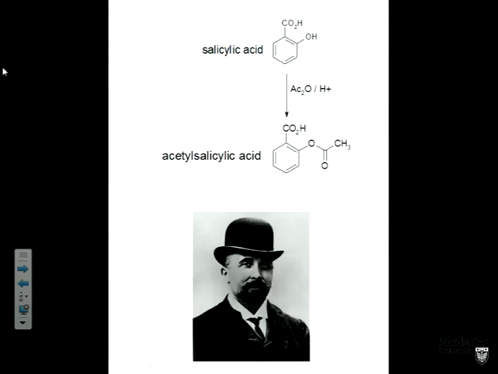So in this reaction, we're going to take that alcohol and convert it to an ester functional group using acetic anhydride and acid. It's actually the formation of an ester is one of the reactions on the cheat sheet that we looked at before the break. And this makes acetyl salicylic acid. This is now less bitter.